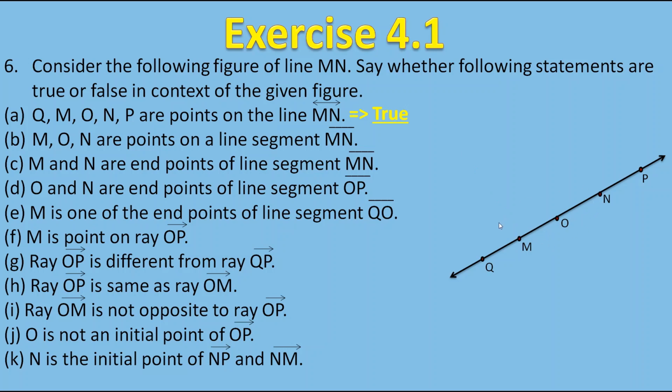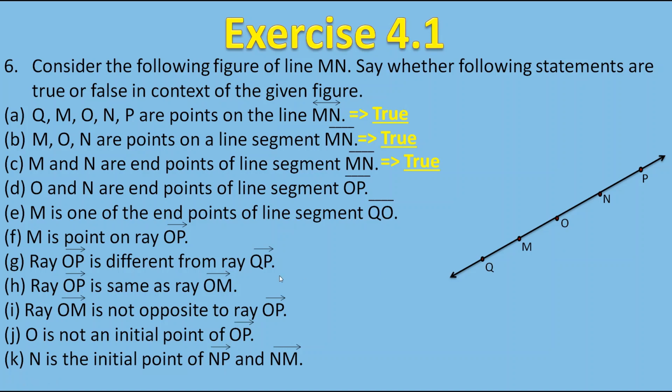They have told M, O and N. These three points are present on line segment MN. So this statement is true. Okay. Now M and N are endpoints of line segment MN. Yeah, these are the two endpoints of this line segment. So this statement is also true.